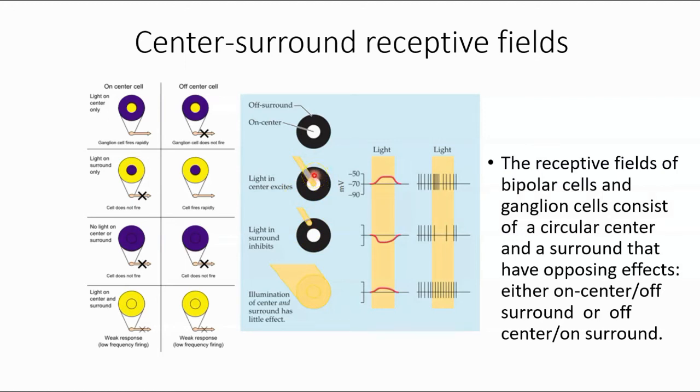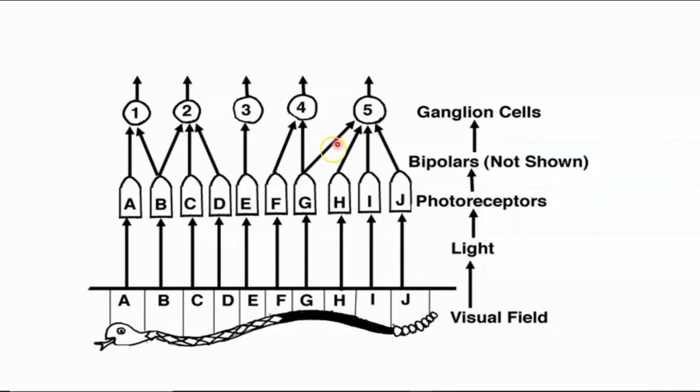The response patterns reflect the receptive field structure differences of illumination levels or local changes in light intensity. We will discuss this part later. The figure shows an example of receptive fields in the retinal layers.